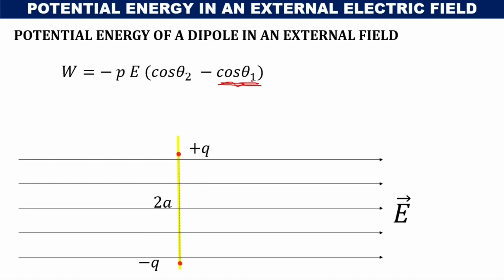Initial angle of the dipole with respect to the electric field, theta 1, is equal to 90 degrees. That means these two charges, minus q and plus q, are lying in the equipotential surface.